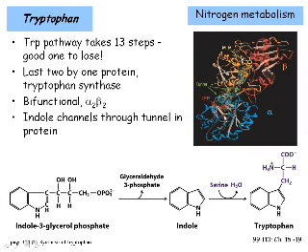Tryptophan synthase is rather cool because this indole ring, which is only useful really for this, sort of channels through the center of the protein to the second site where the serine will be attached. You can see here that there's a pyridoxal phosphate as a cofactor to it and a variety of other things as well.